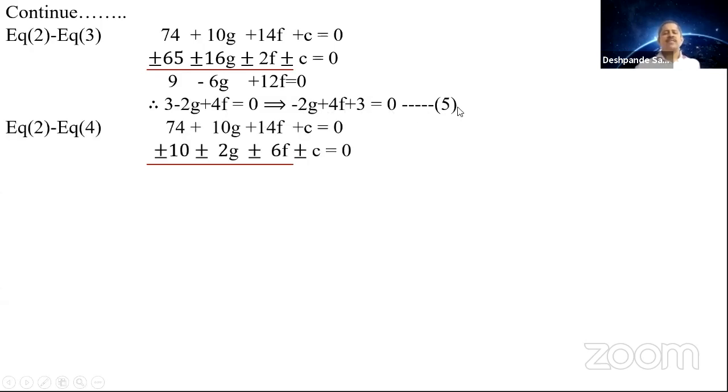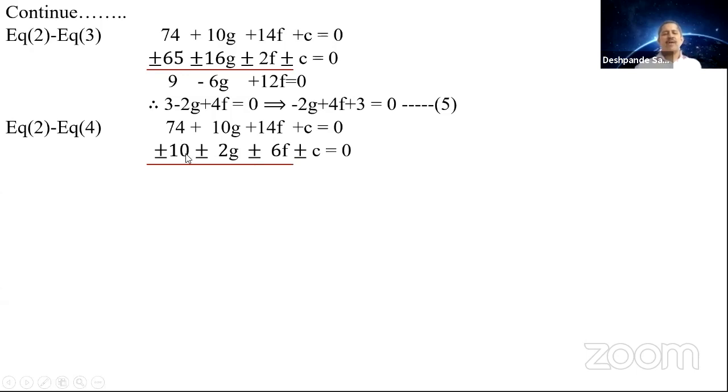Equation 5. Likewise, equation 2 minus equation 4. Equation 2 is 74 plus 10g plus 14f plus c is equal to 0. Equation 4 was 10 plus 2g plus 6f plus c is equal to 0. So again, you got all the same signs. So you're going to eliminate c. So you change the sign. So you got a minus here, minus here, minus here, minus here.